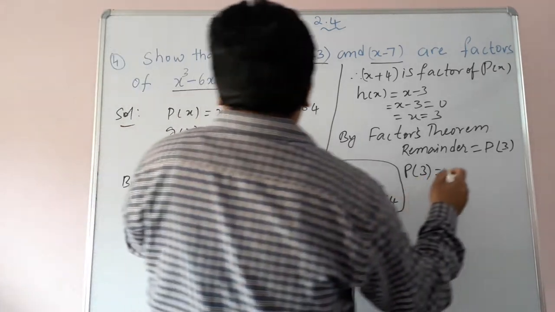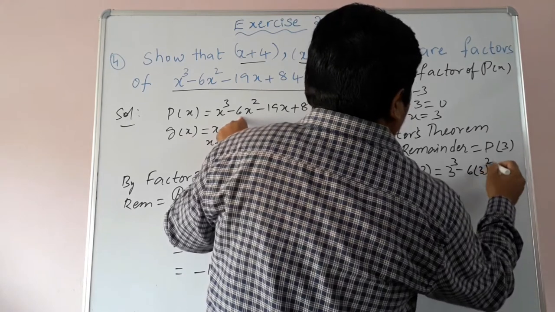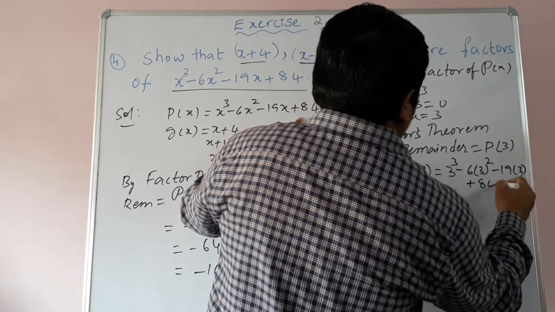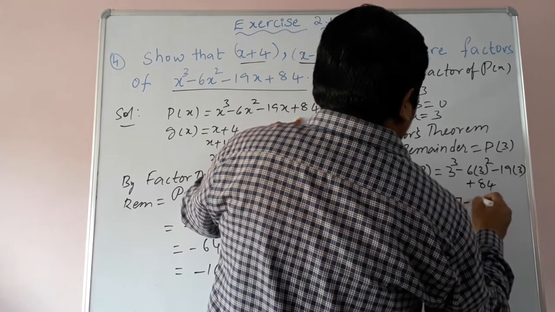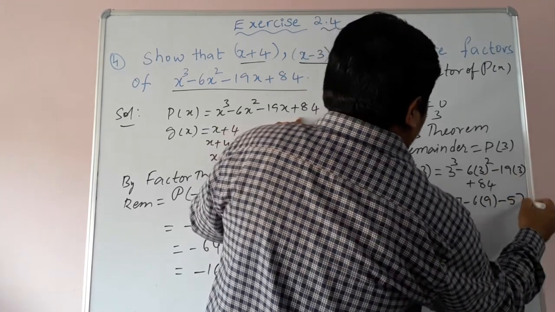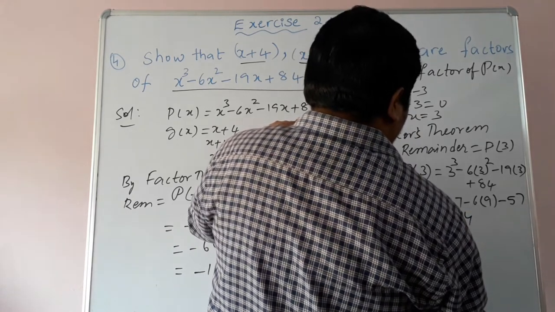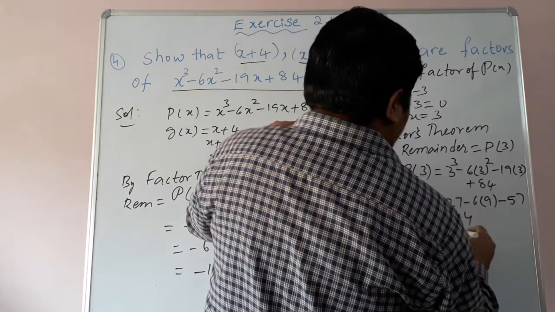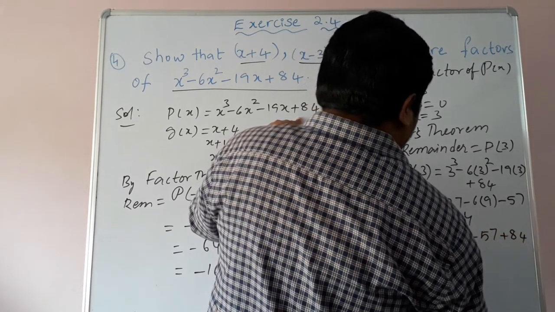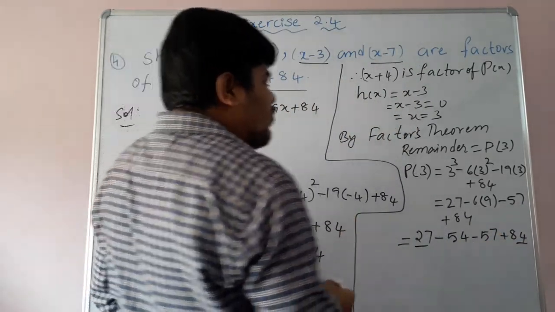So 3 cube minus 6 into 3 square minus 19 into 3 plus 84. Okay children, so 3 cube is 27, minus 6 into 3 square is 9, minus 19 threes are 57, plus 84. So that is equal to 27 minus 6 nines are 54 minus 57 plus 84. Now children, add positive numbers and add negative numbers, then simplify. What is 27 plus 84 value?